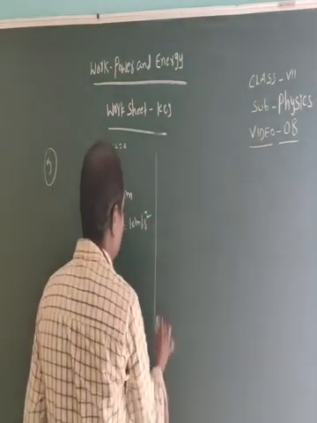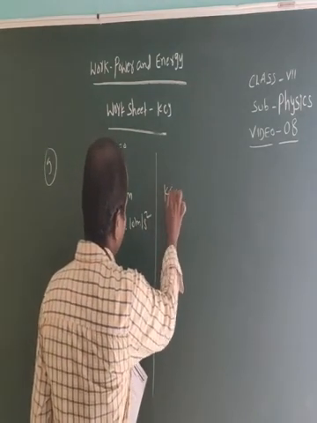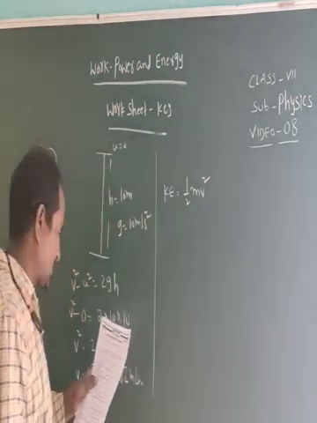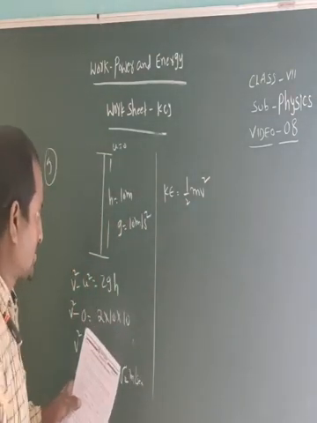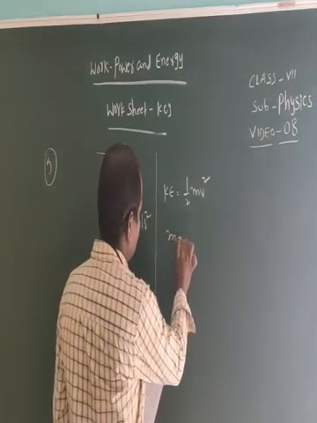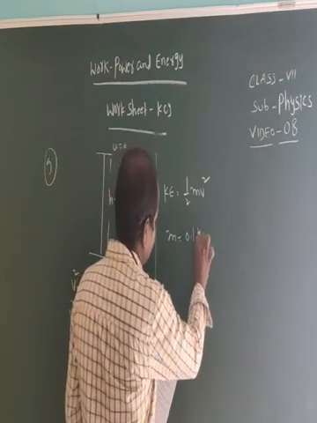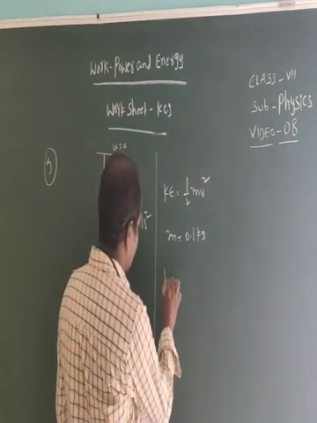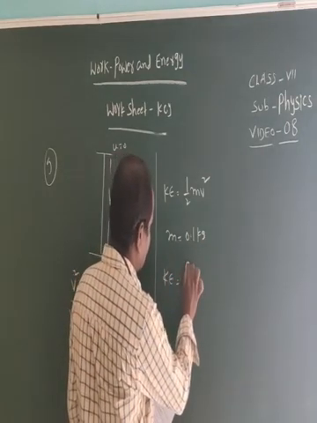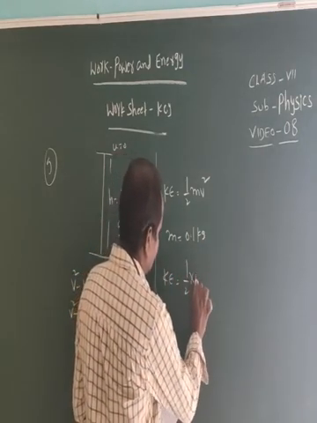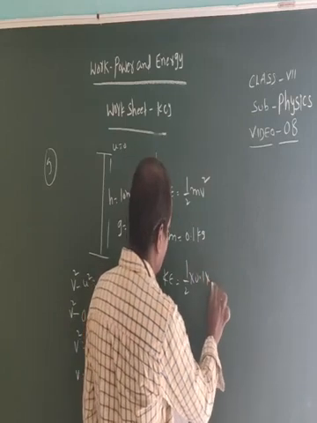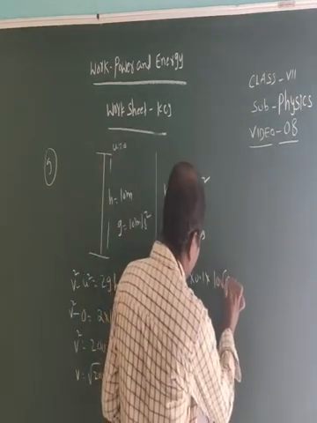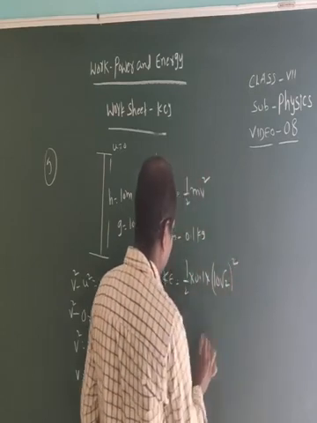Okay. Now K equal to half into m into v square. So mass equal to 0.1 kg. So here K equal to half into 0.1 into v square, that is 10 into root 2 whole square.